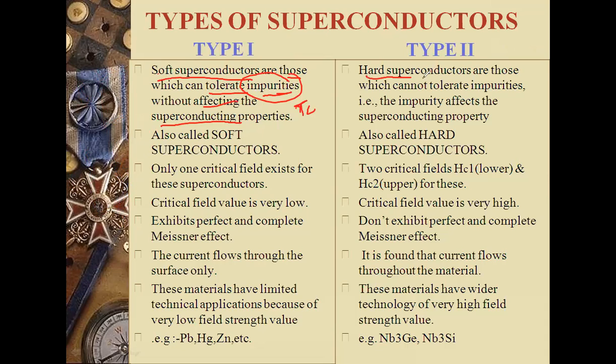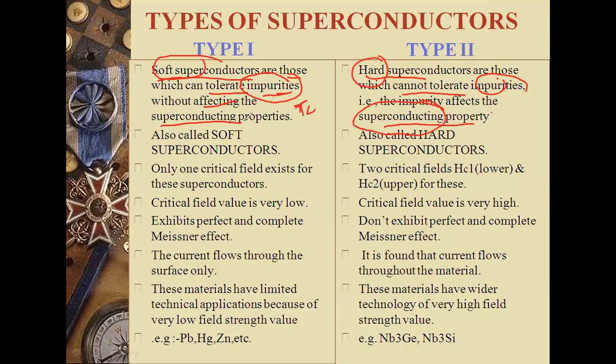Hard superconductors are those materials which cannot tolerate impurities. The impurities affect the superconducting property. So in hard superconductors, when you add the impurities, they change the superconducting property. In soft superconductors, they do not affect the superconducting properties.